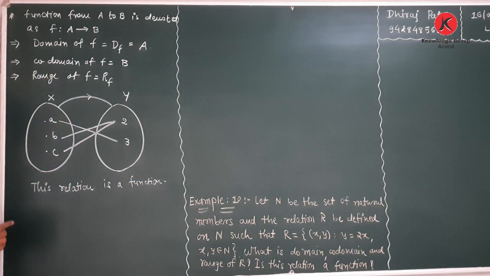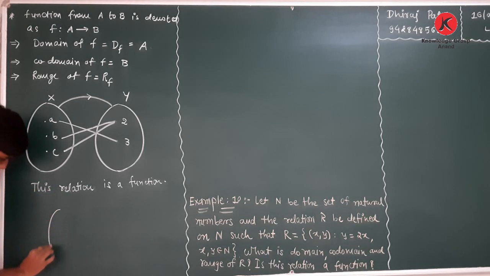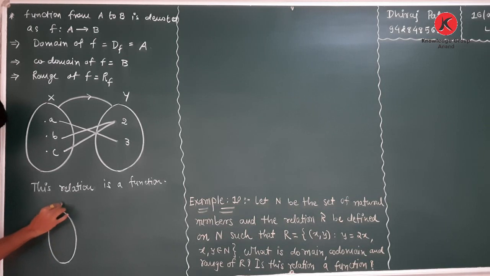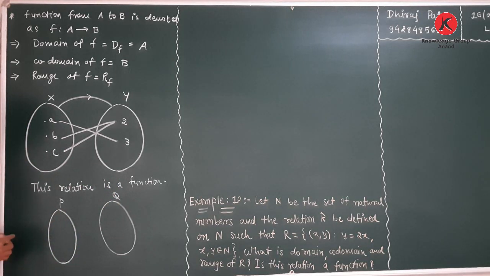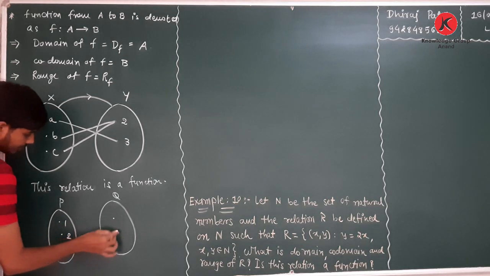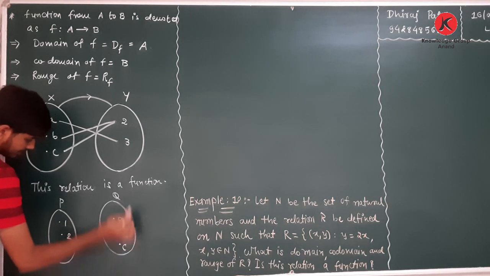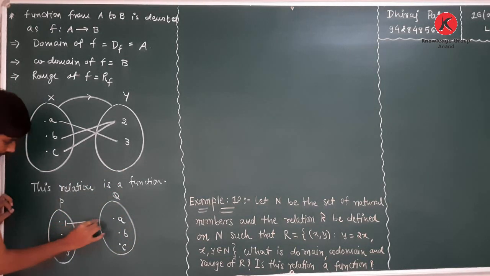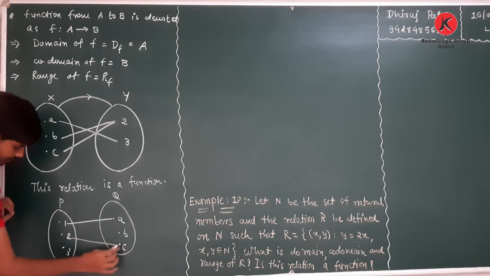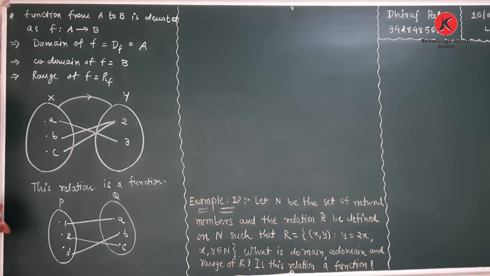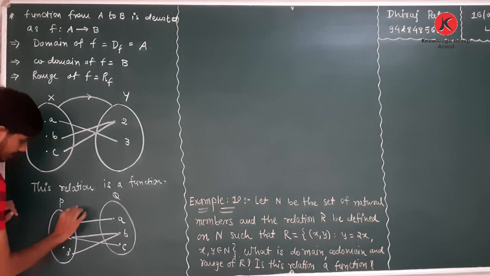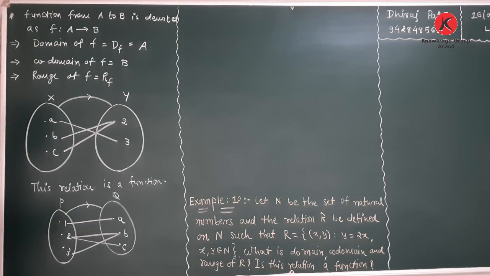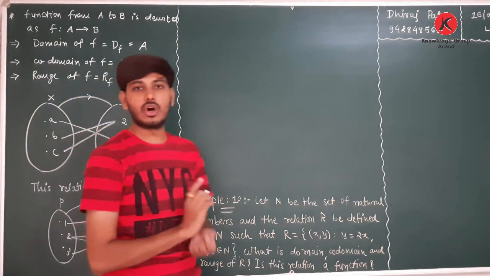Now we are going to take some more examples. Suppose I am taking this relation from P to Q. The points given are 1, 2, 3, and here A, B, and C are there. 1 is connected with A, 2 is connected with C, in the same way 3 is connected with B, and 2 is also connected with B. See here, this is the relation from P to Q. Now check whether this relation is a function or not.